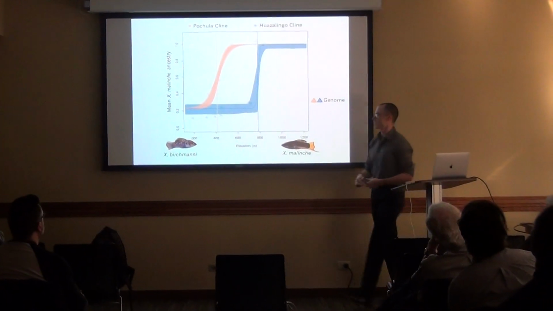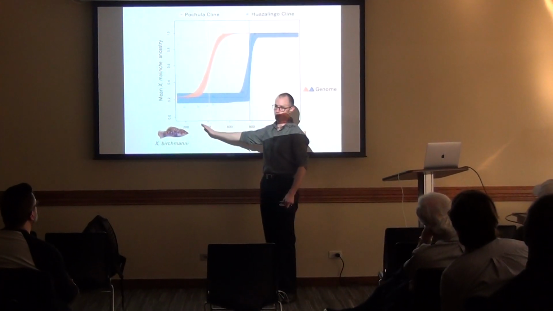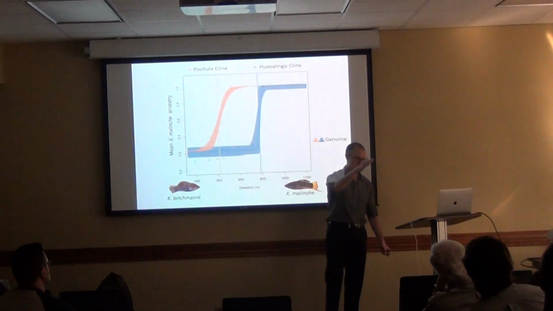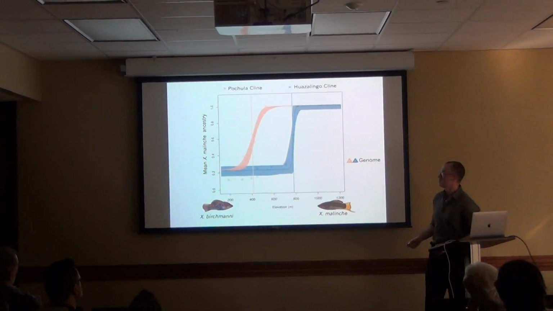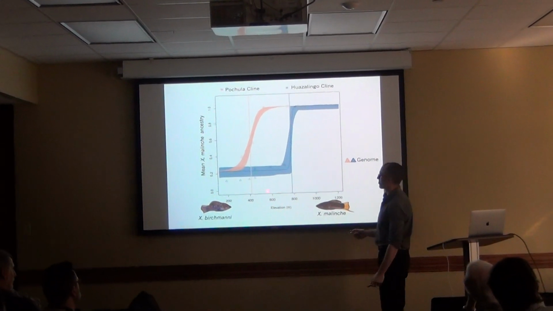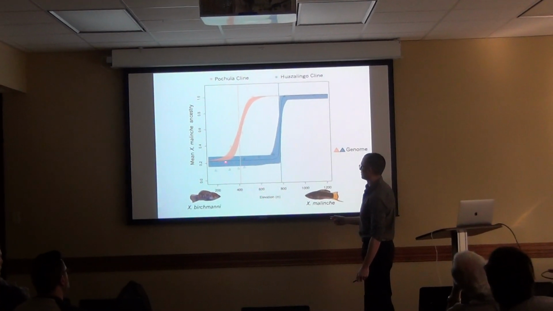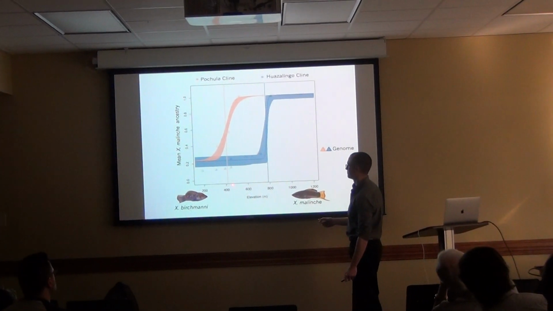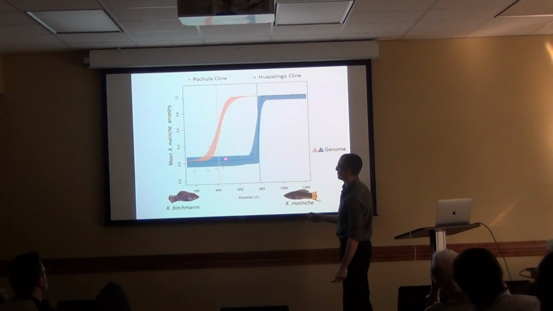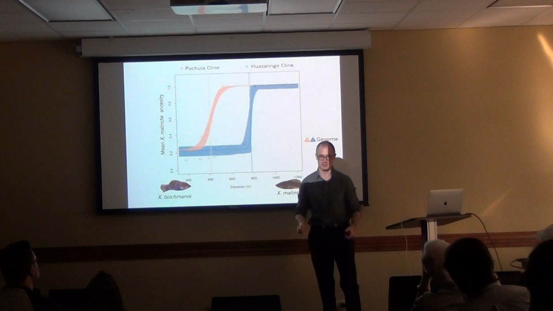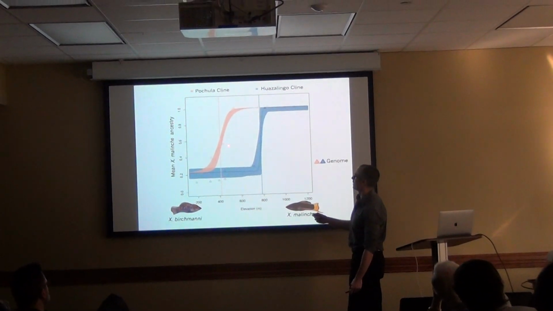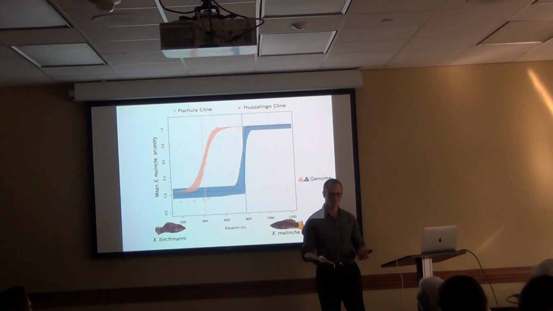They are changing at a different point of the elevations of these mountains. So for example, this locality right here in Huasalingo at 450, all the individuals are around 30%. But at the same time in Pochula, that's where I have most of my hybrids.